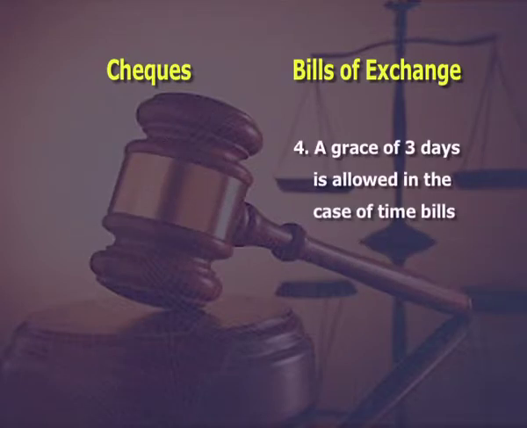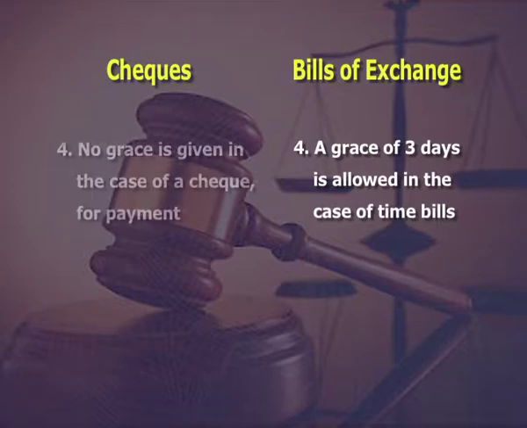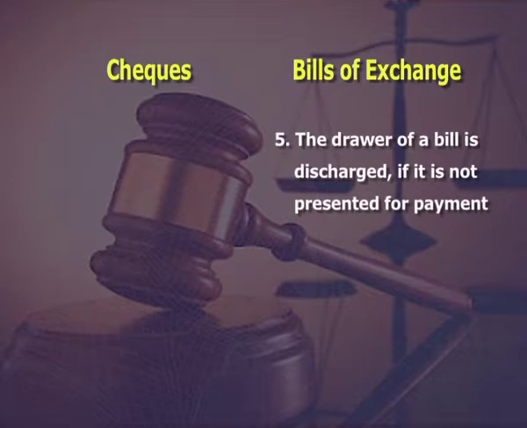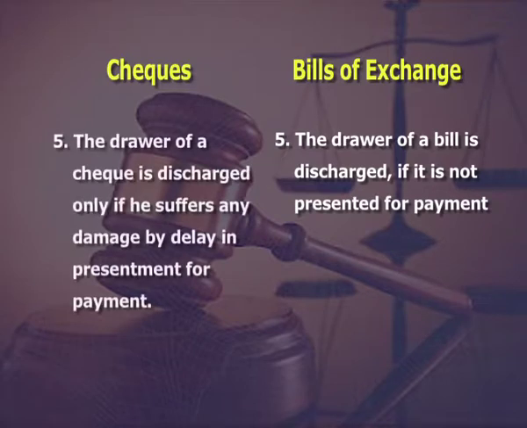Fourth, a grace of 3 days is allowed in the case of time bills, while no grace is given in the case of a check for payment. Fifth, the drawer of a bill is discharged if it is not presented for payment, but the drawer of a check is discharged only if he suffers any damage by delay in presentment for payment.